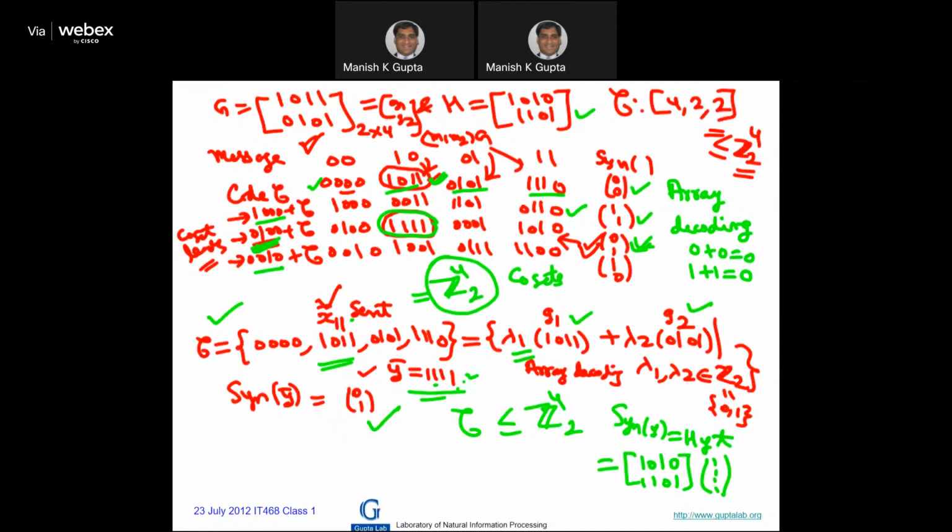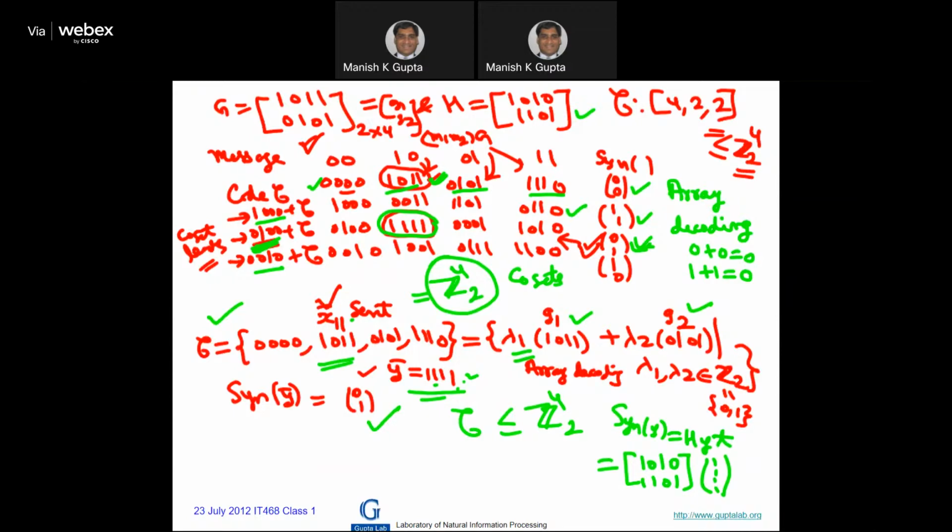Anyway, so let us take an example here. The generator matrix is 1 0 1 1, 0 1 0 1. Two rows. From that G, I can find out how many vectors there will be. Take the first row, 1 0 1 1: lambda 1 times this plus lambda 2 times the second row, and take the linear combination.